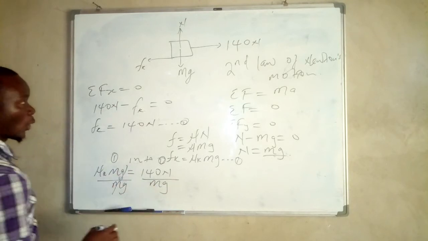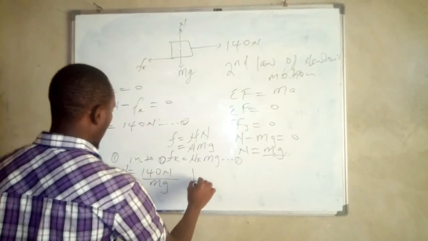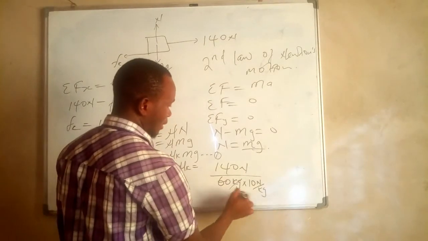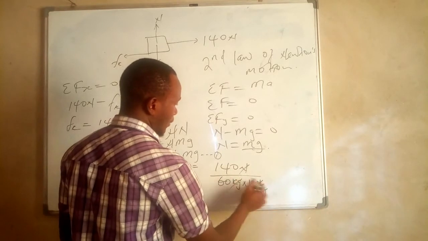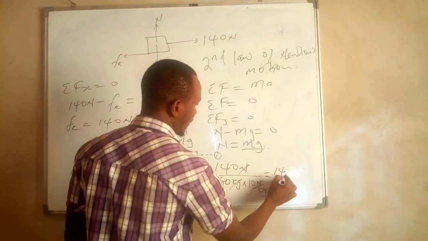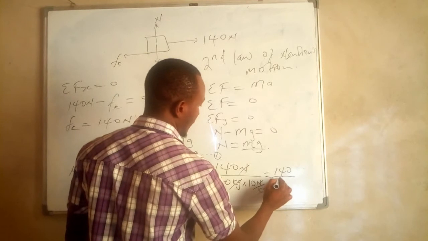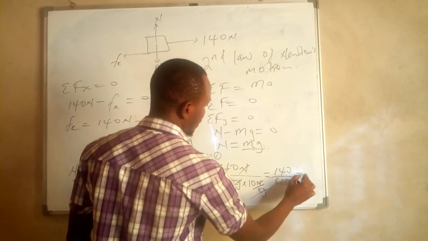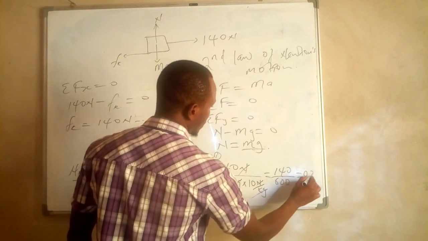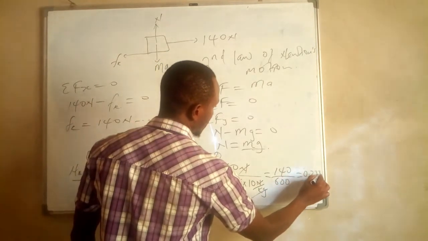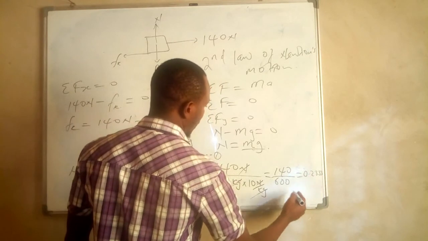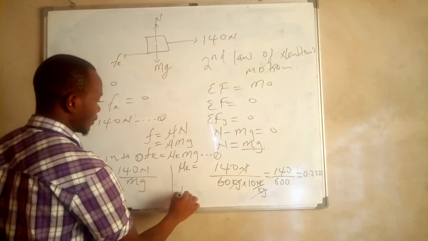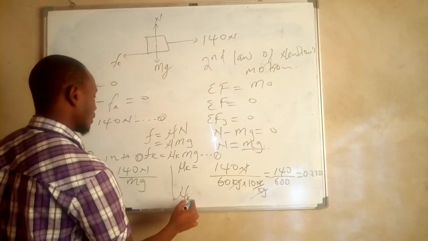Here what we're going to have is our coefficient of kinetic friction. The kg will cancel, and we're going to have 140 over 600, which will give us 0.2333. So this is our mu, the coefficient of kinetic friction.